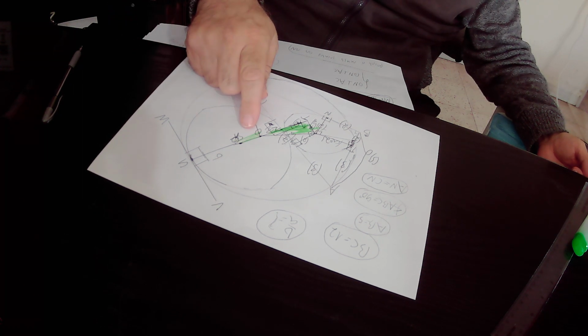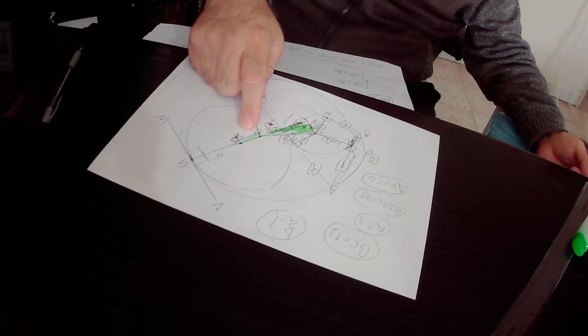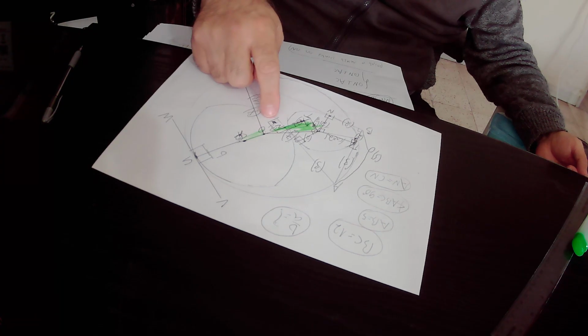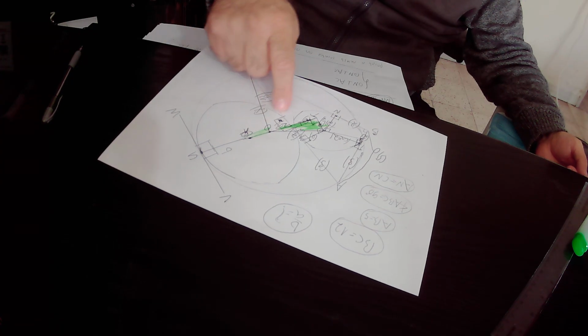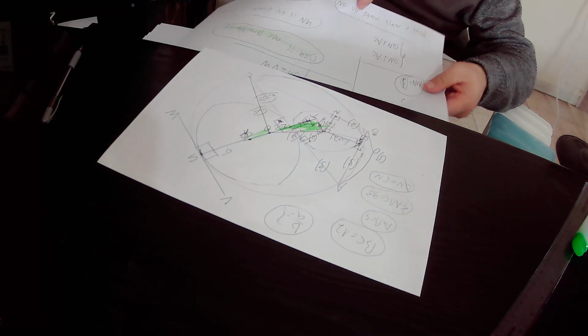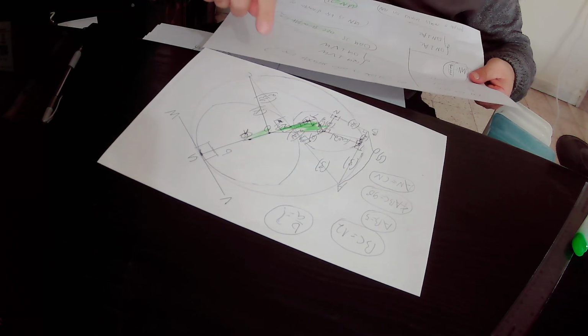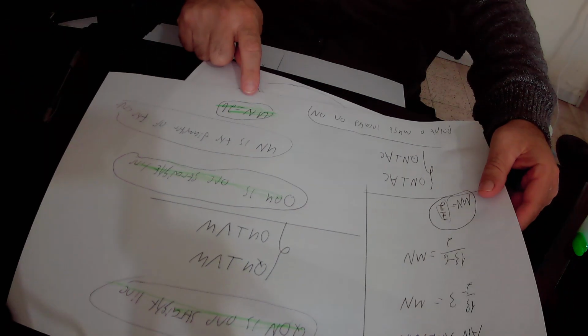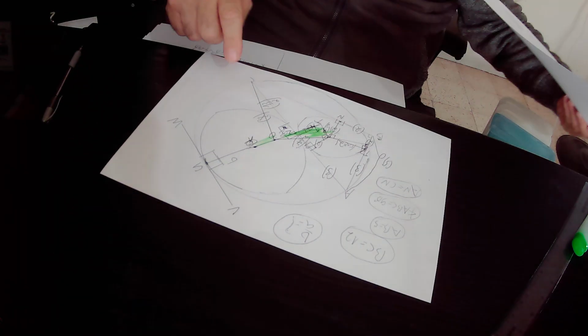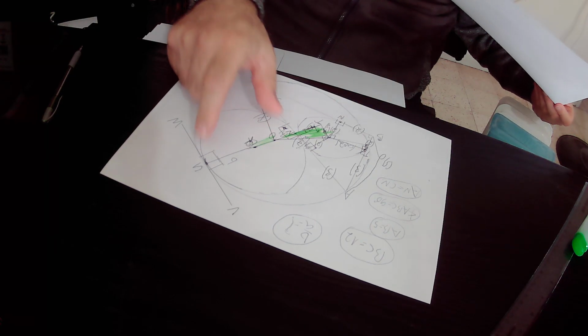NU is a chord that passes through point Q, the center of the circle, and any chord that passes through the center of the circle must be the diameter of the circle. Therefore NU or UN is the diameter of the circle. And the diameter of any circle is twice as long as the radius. Therefore UN is the diameter of the circle that is equal to 2b. Okay, UN equals 2b.